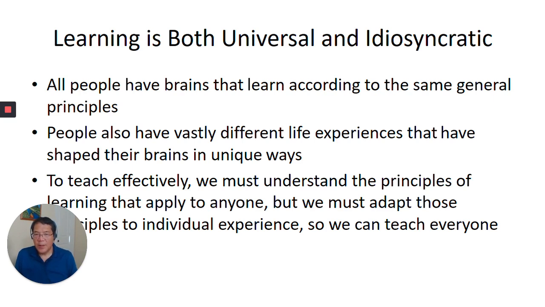So in order to teach effectively, we have to understand both the general principles of learning, how to identify where students are in their learning, and to adapt our pedagogy to create the optimal learning experience for them so we can teach everyone.